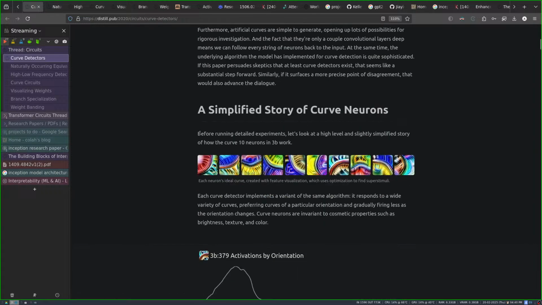Simplified story of curve neurons. Before running detailed experiments, I'll look at a high level and slightly simplified story of how the curve neurons in 3b work.